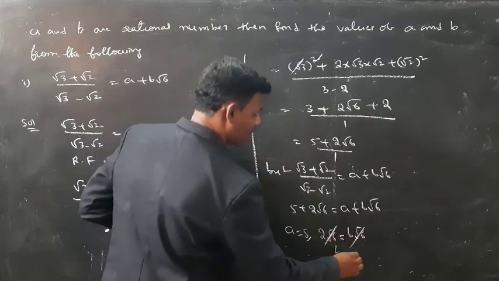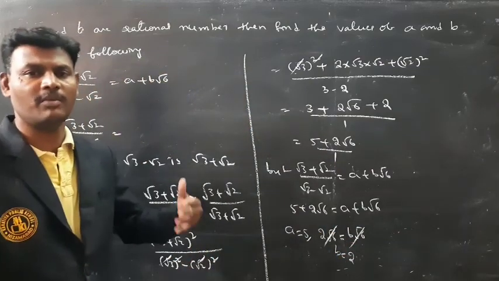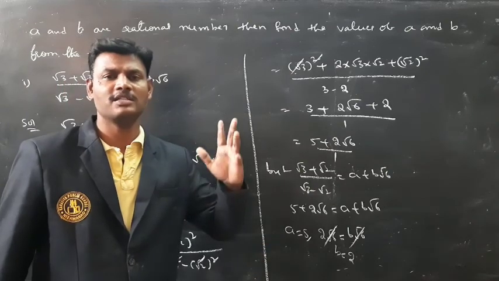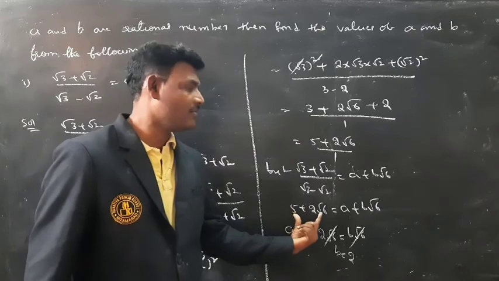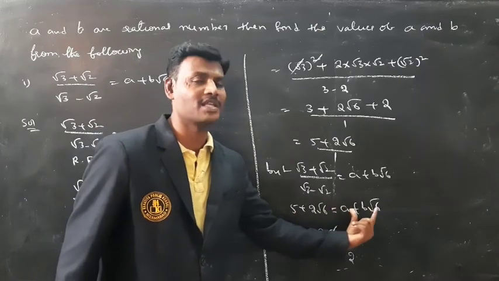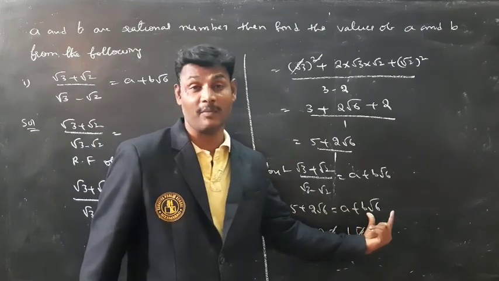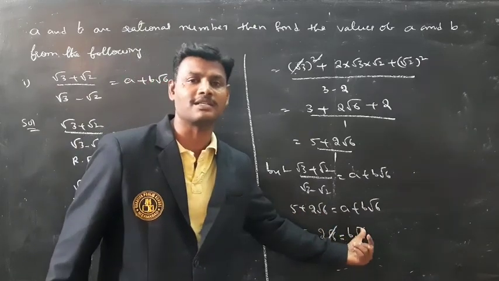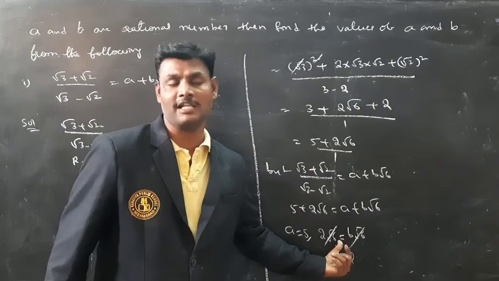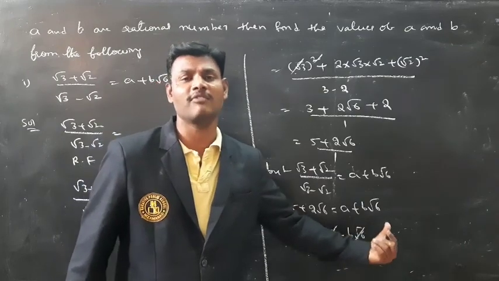What is b? b is equal to 2. So the value of a is 5 and the value of b is 2. The rational part equals the rational part, and the irrational part equals the irrational part.